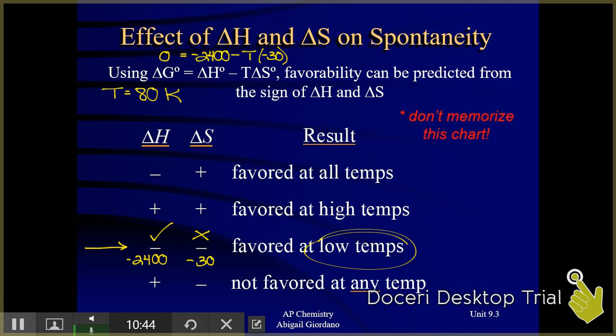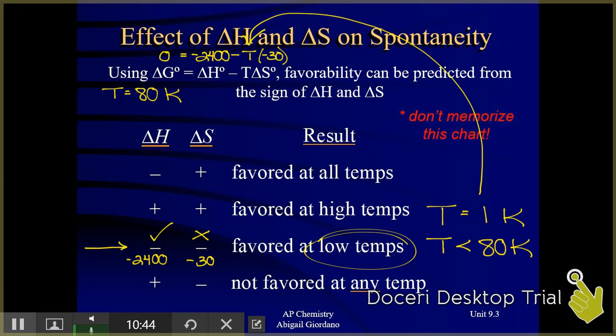This one says it's favored at low temperatures, and in this case that means any temperature less than 80 Kelvin. If you don't believe me, pick a number less than 80. Like, let's use something really easy, like 1 Kelvin. That's less than 80. Plug it in right there.